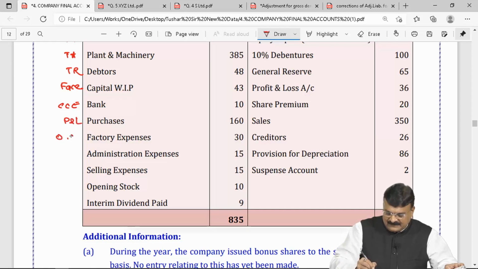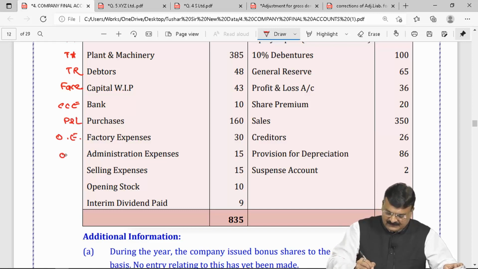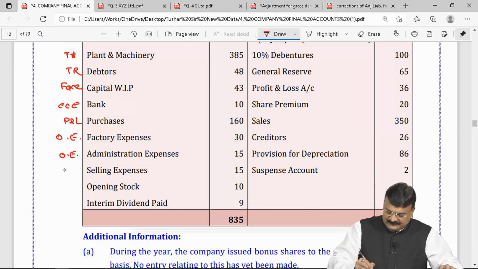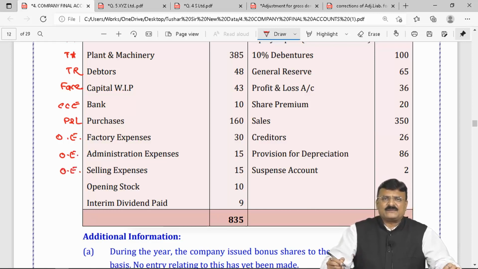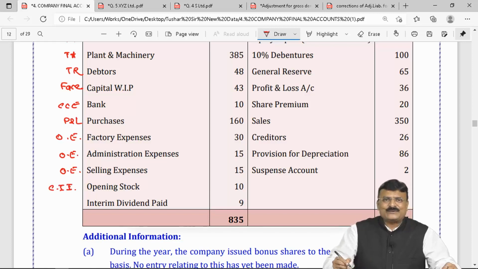Factory expenses are other expenses, administration expense also other expenses, selling expense also other expenses. Opening stock is changes in inventory, where we write opening stock minus closing stock.